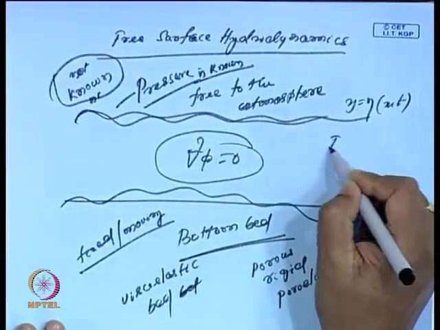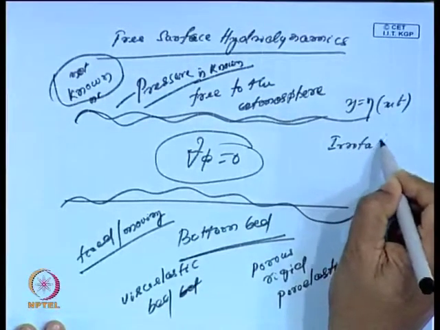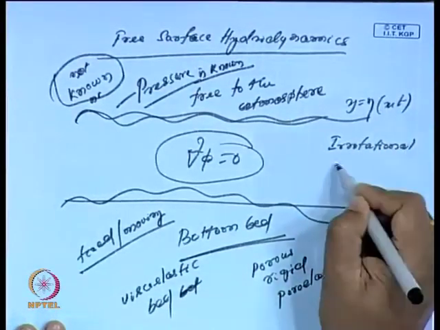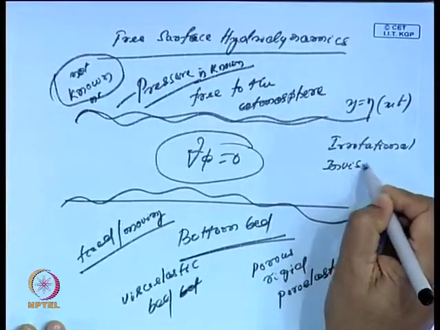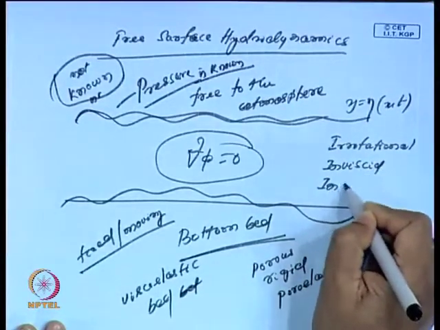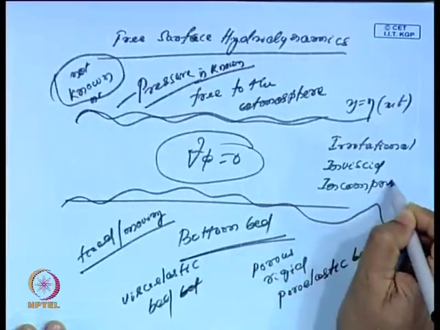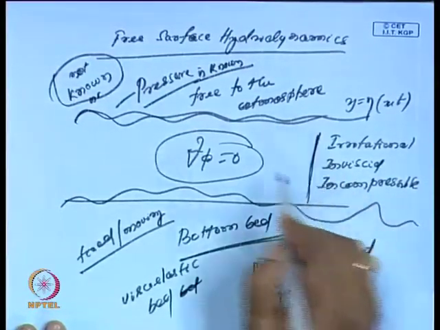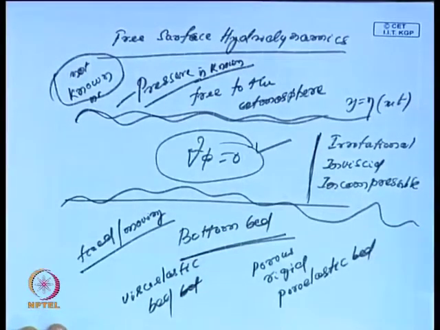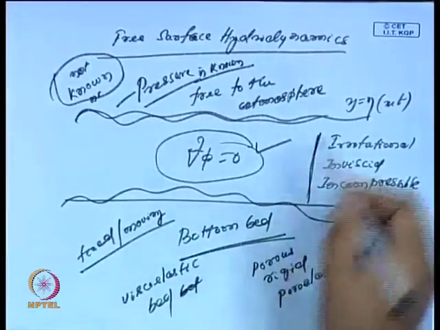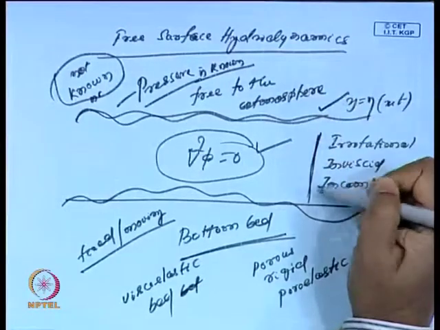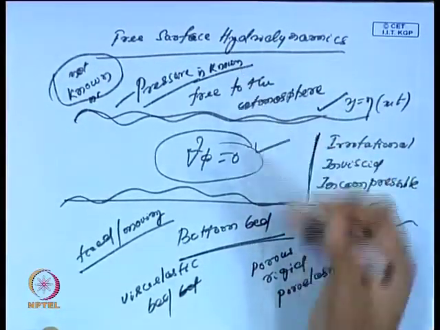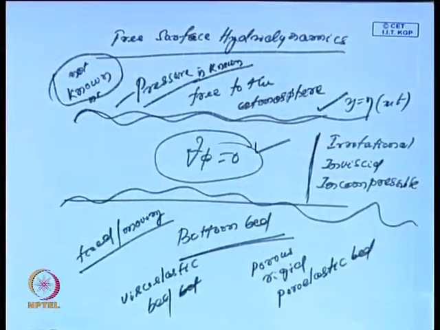Even under these assumptions we solve the Laplace equation, but the complexity comes because on the free surface the boundary y is equal to eta itself is not known a priori, whereas the pressure is prescribed on this boundary.